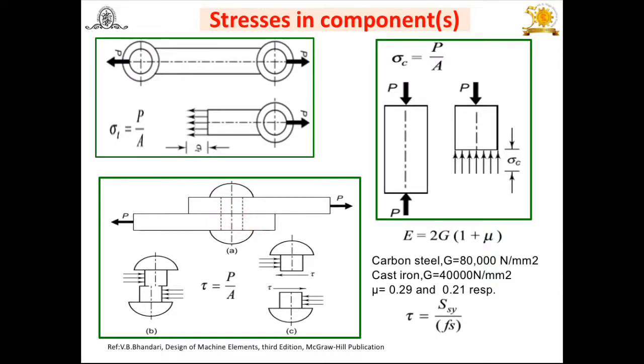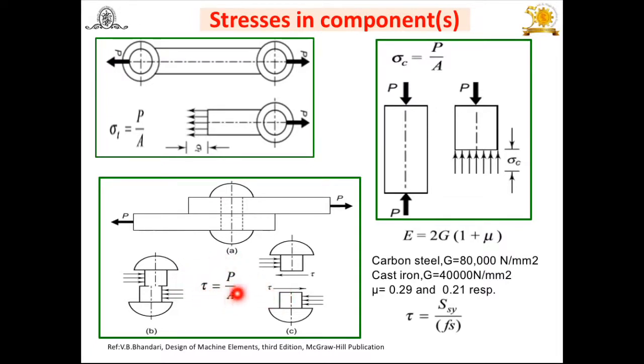There may be a possibility of shear failure of the rivet, and in this case shear stresses get induced in it, when the external force acting on the component tends to slide the adjacent planes with respect to each other because of these forces P. There may be sliding, and because of that, stresses are going to be induced in the component, and these stresses are known as direct shear stresses, calculated as tau equal to P upon area.